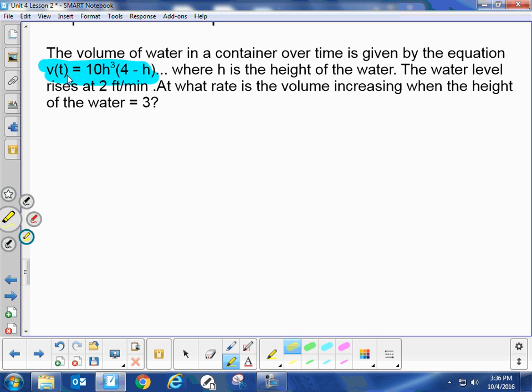You might need to write down that the water level rises at 2 feet per minute. The question is, at what rate is the volume increasing when the height equals 3?